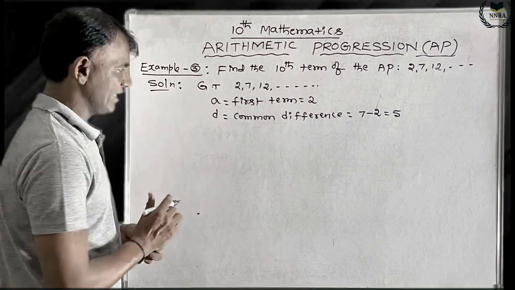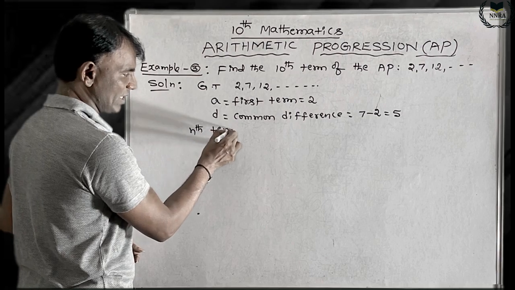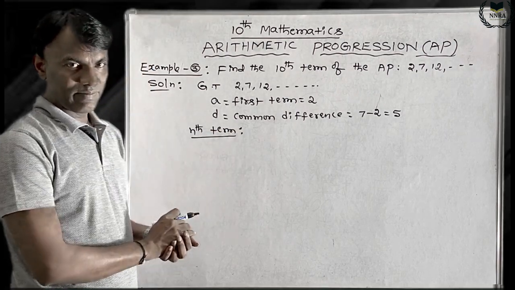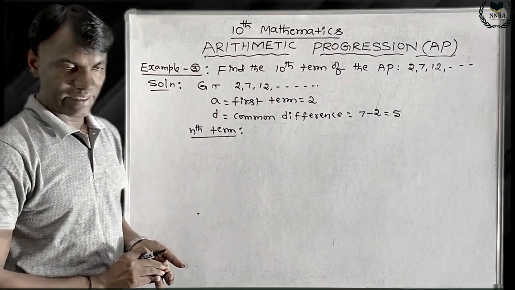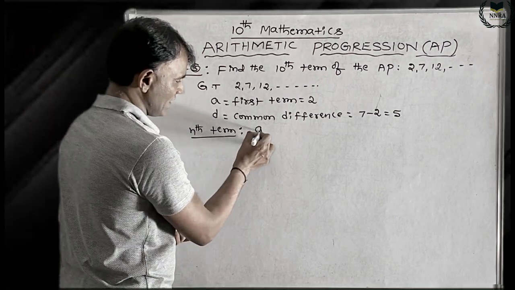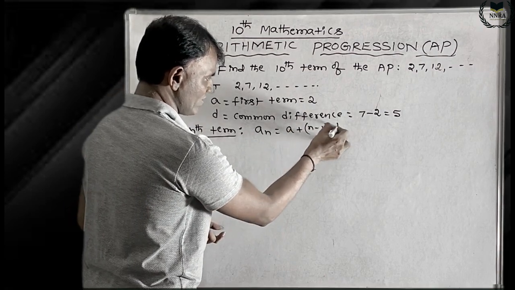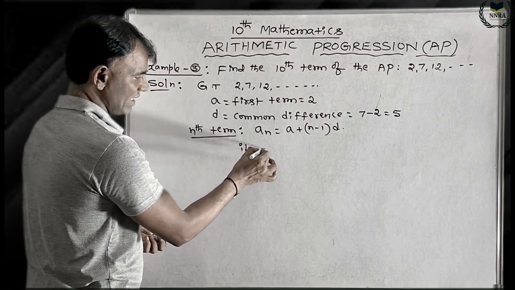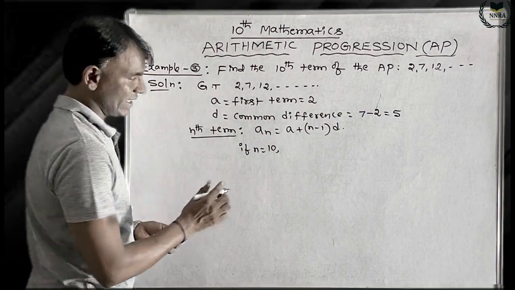Got it? Now we write the nth term. First we write the nth term. Actually we want the 10th term, but first we write the nth term, and in that we substitute n equal to 10. Got it? So how to write it? a_n equals a plus (n minus 1) into d. Now n equal to 10, why? Because we want the 10th term, so substitute n equal to 10.